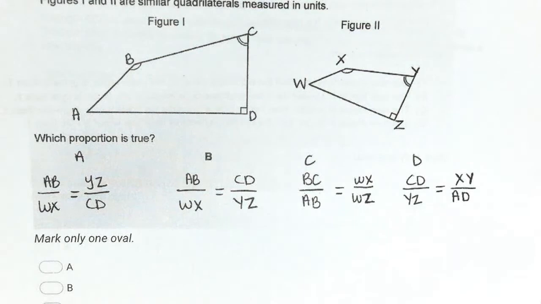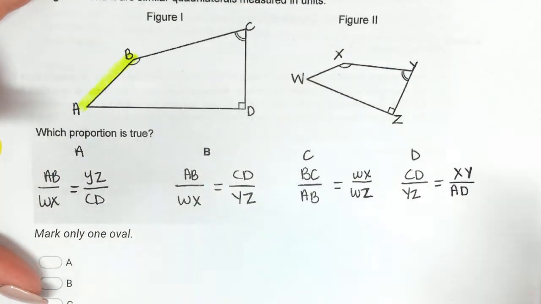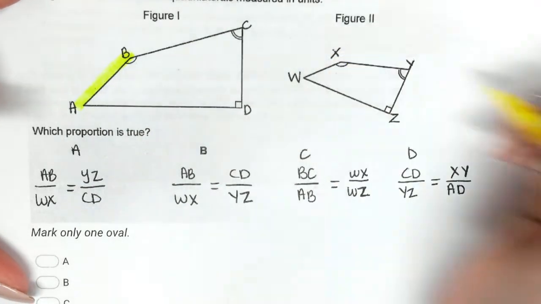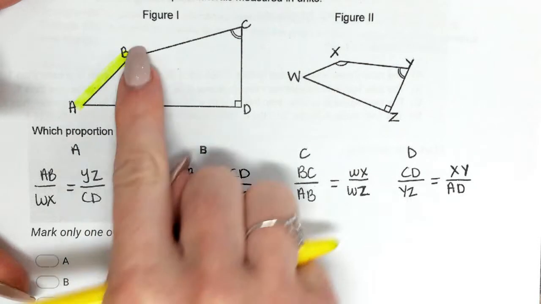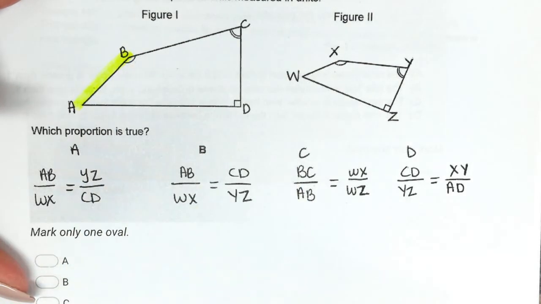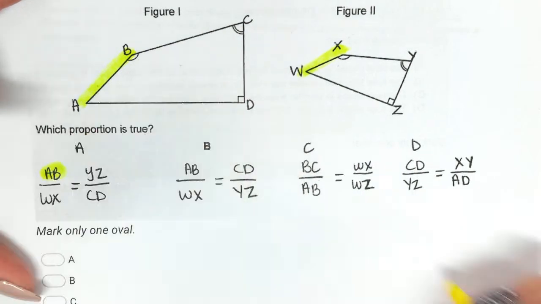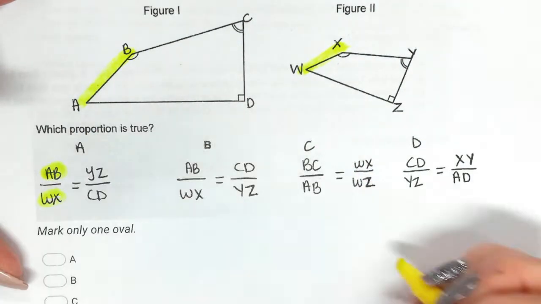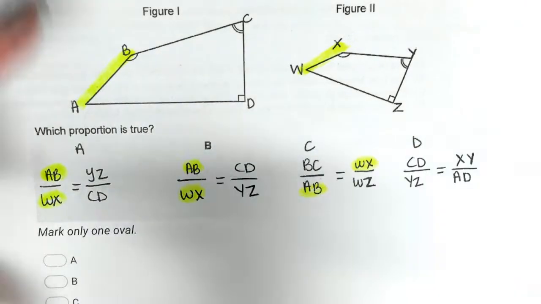All right, so I highlighted AB yellow. What corresponds with AB over here? XW. So I'm going to highlight anything AB or WX yellow. Okay?